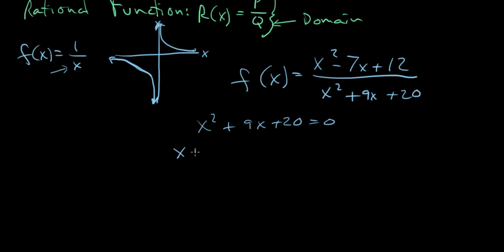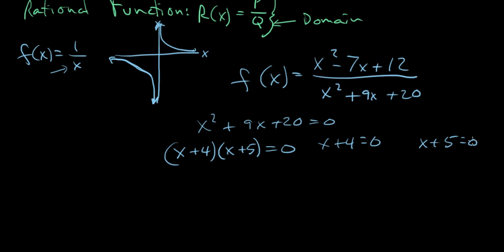Well, let's see, x plus 4 and x plus 5, this thing factors very nicely. So that means x plus 4 equals 0, x plus 5 equals 0. Subtract 4, x is negative 4. Subtract 5 from each side, x is negative 5.